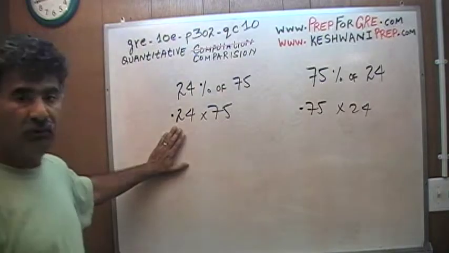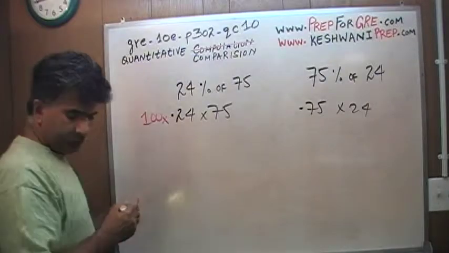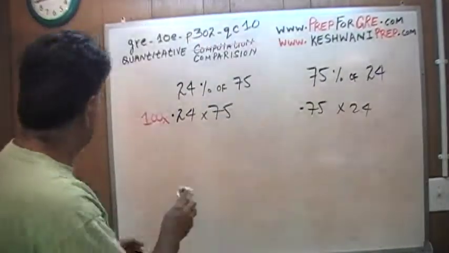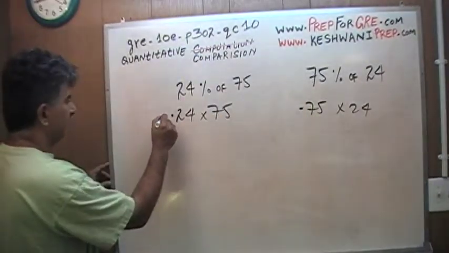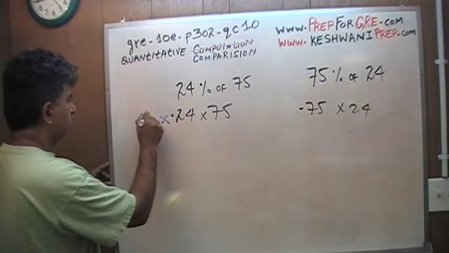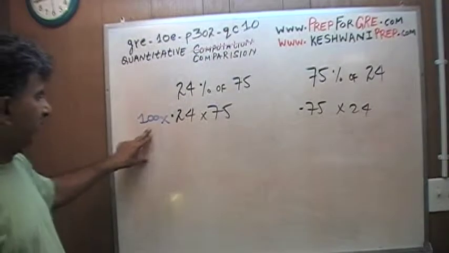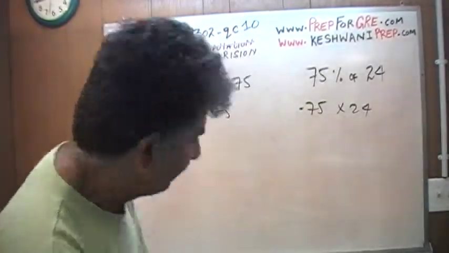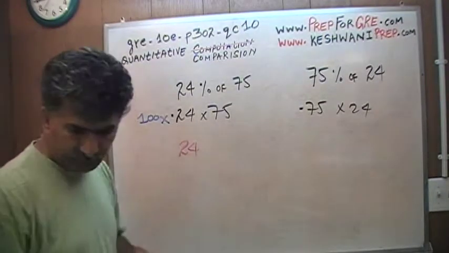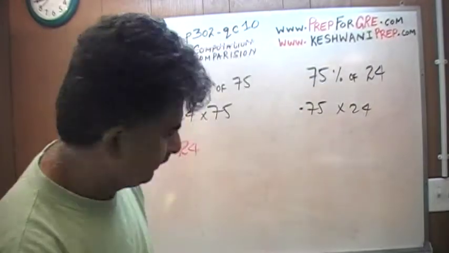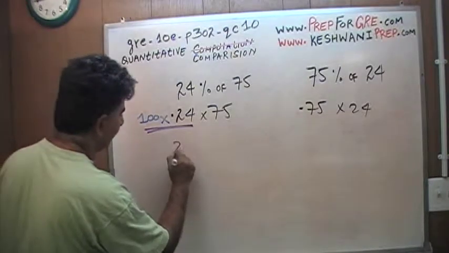Well, if I multiply this 0.24 by 100, it should become 24. So this quantity here becomes 24.